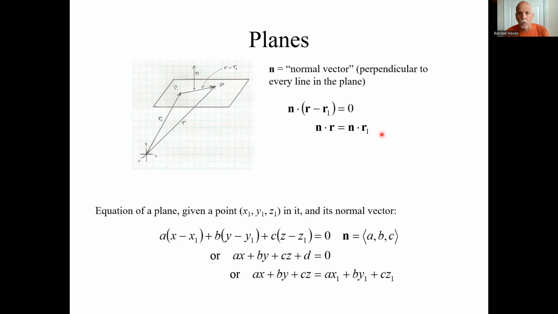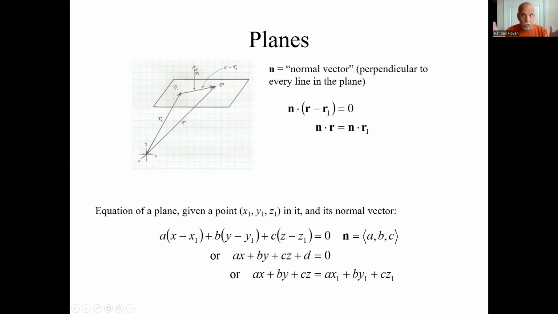If I use this form to generate it, I would get this form, another form of the equation of a plane. I could also lump all the constant stuff up in this E here, and I could write it this way too if I wanted. So any of these three is a way to write the equation of a plane, and what I needed was a point in the plane and its normal vector.